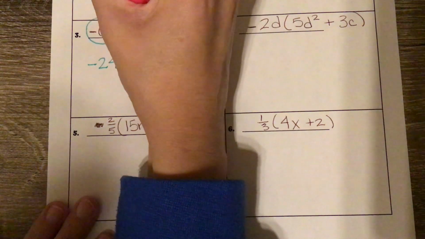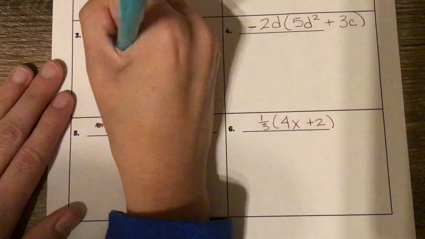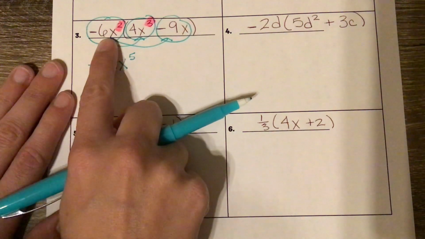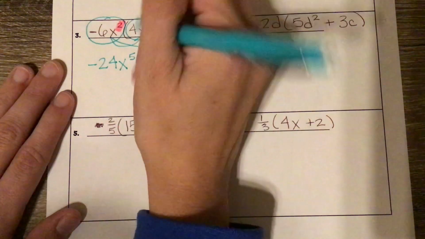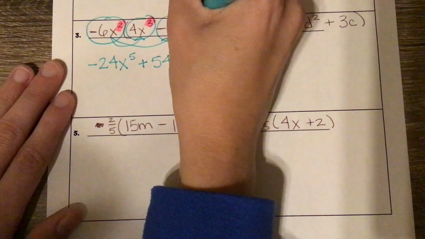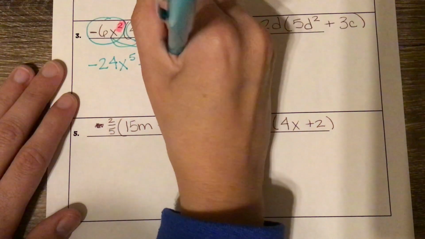Remember, with those exponents, we add. 2 plus 3 is 5, so x to the fifth. And then -6x squared and -9. -6 times -9 is positive 54. And this is x to the first power. So we're doing 2 plus 1, which is x to the third.